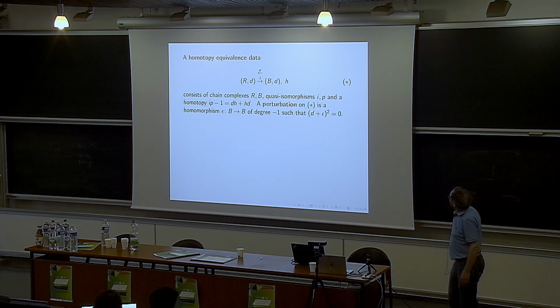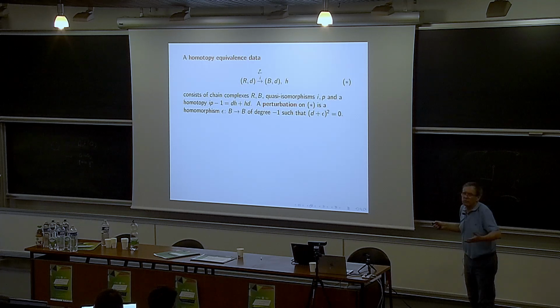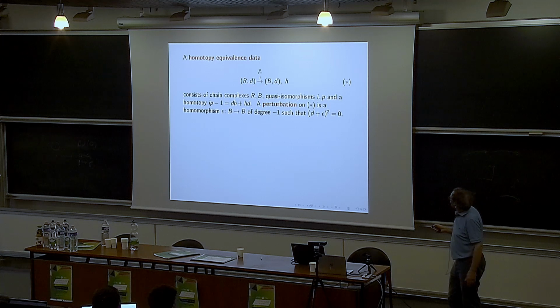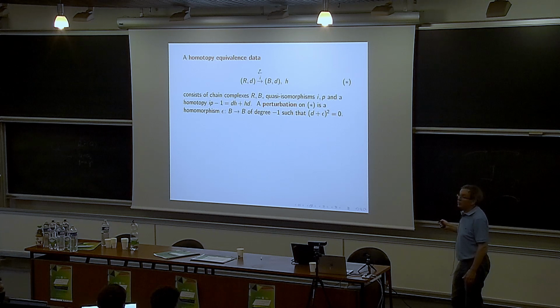And then a perturbation on that is a degree -1 map on B. B stands for big, and R stands for reduced or kind of small. So a perturbation is a degree -1 map on the big chain complex B, such that the square of D plus the perturbation is 0.